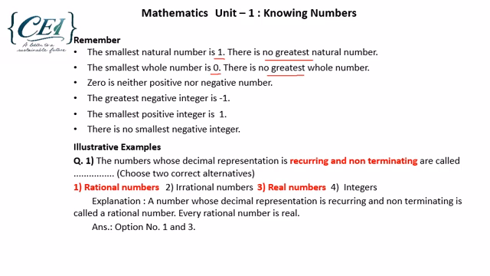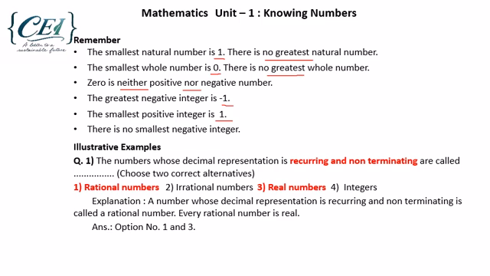0 is neither positive nor negative. The greatest negative number is the greatest negative integer. The greatest negative integer is -1. Then the smallest positive integer is 1.